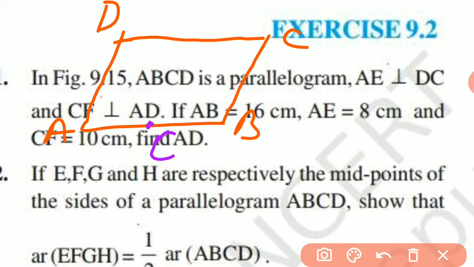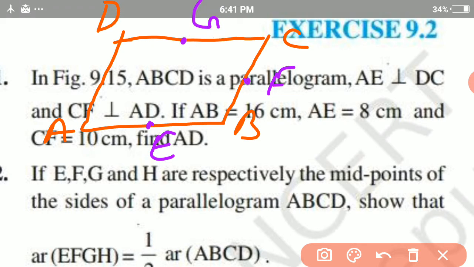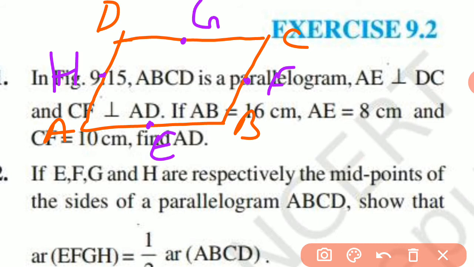Suppose this point is E, this is F, this is G and this is H, and then prove that the area of quadrilateral EFGH is equal to half the area of parallelogram ABCD.